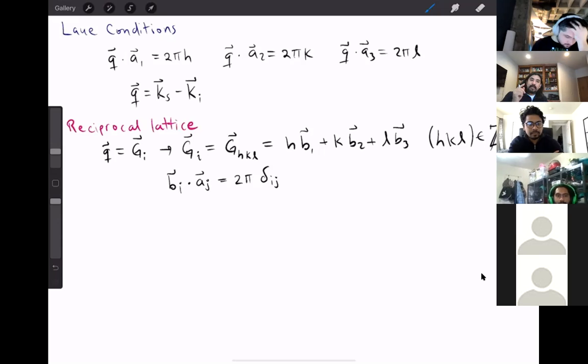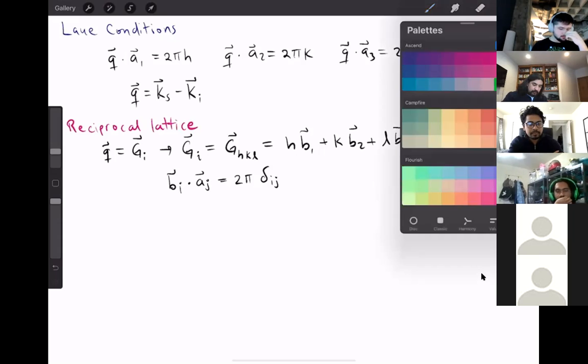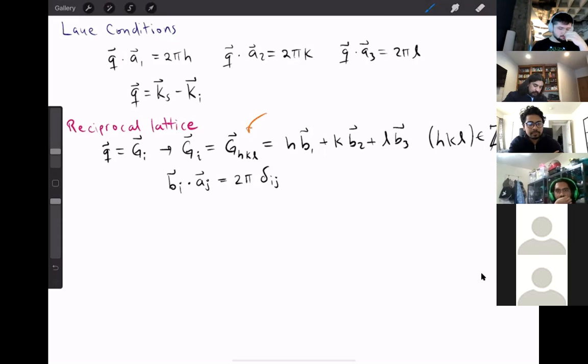So if you have a real space lattice, the one given by the T vector, you also have a reciprocal lattice, the one now given by the G vector. This is my reciprocal lattice. Whatever lattice you have in real space, there's an equivalent one in reciprocal space.